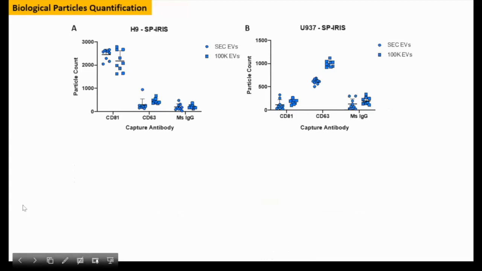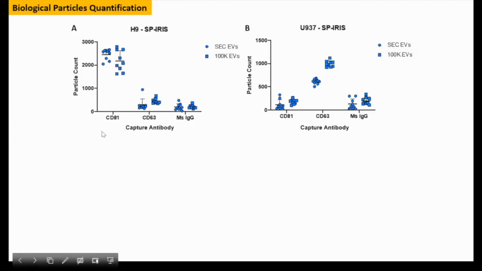So after size distribution, we proceed with particle count for biological samples. And consistent with expectation based on cellular tetraspanin expression and release that Emily already presented in the Western blot experiment, SPIRS is showing that H9 particles were captured by CD81.